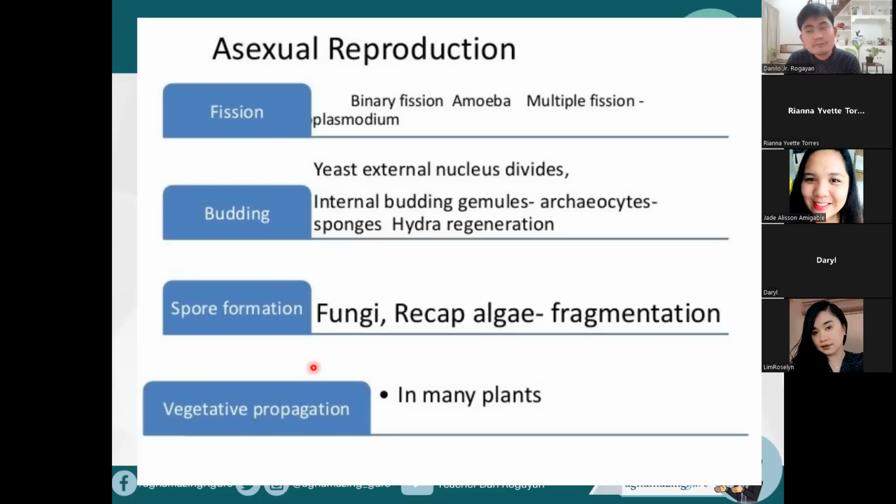Then we also have spore formation among organisms, which include the fungi. Algae also resort to fragmentation, and there is vegetative propagation in many plants, for example marcotting, budding, grafting. These are considered asexual reproduction.